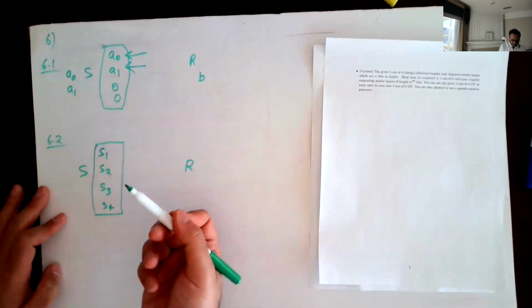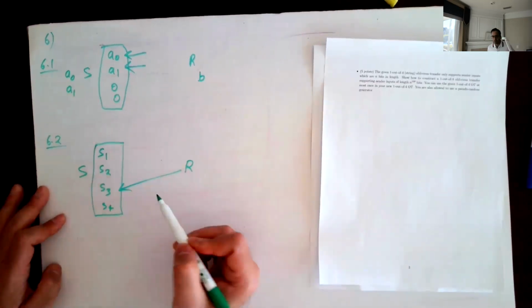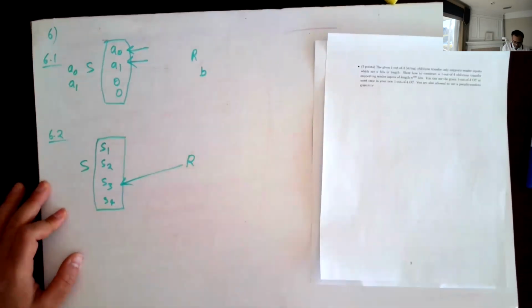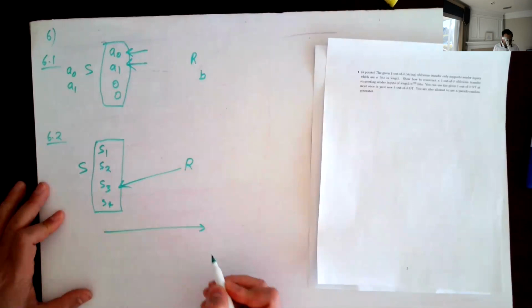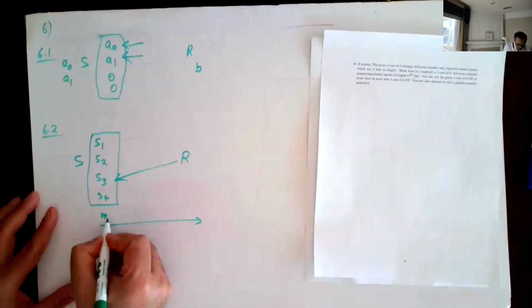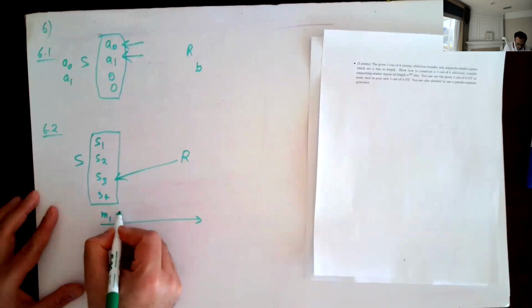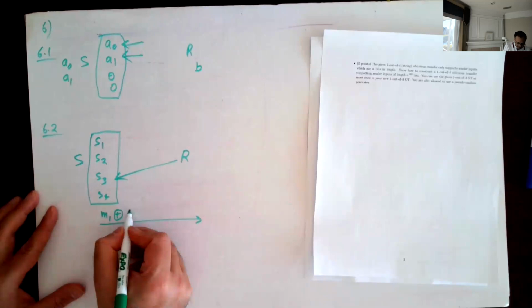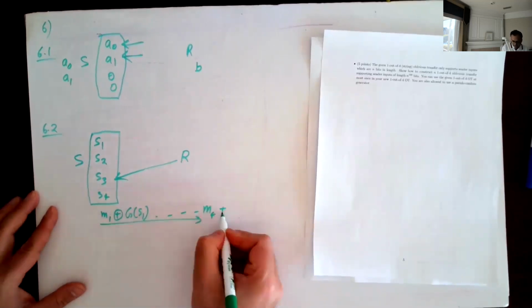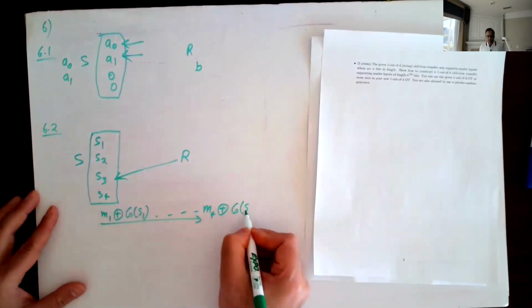And the receiver downloads one of them depending upon which message the receiver needs. And then the sender publicly sends M1 XOR G of S1 up to M4 XOR G of S4.